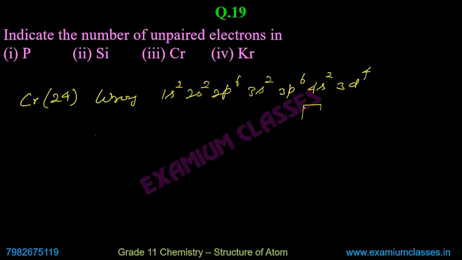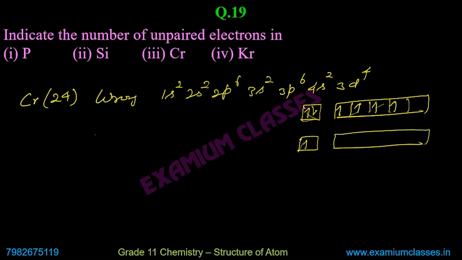So if we see this configuration, 4s2 and 3d4, it is not much stable because the d is not half filled. In this particular case, the energy required by the electron to move to d is very low, and when it moves to d, d becomes half filled, which is a very stable configuration. So in case of chromium, one electron moves from s to d.